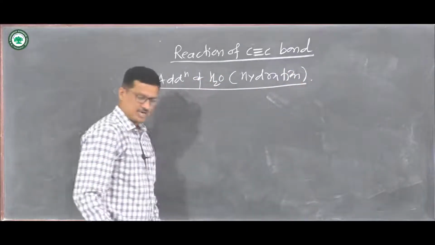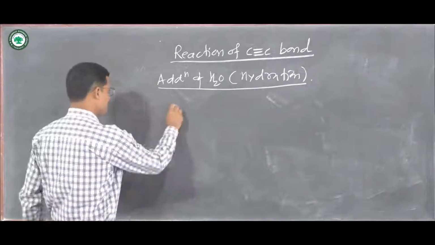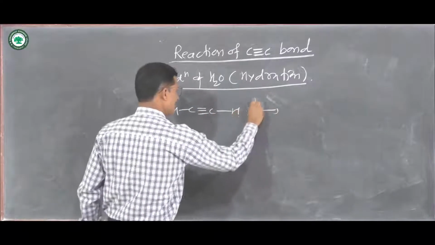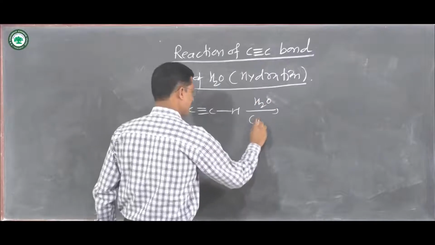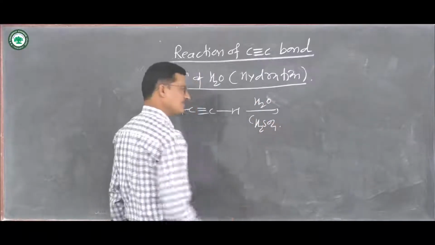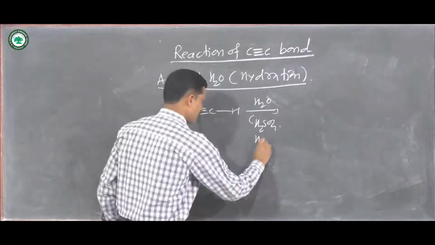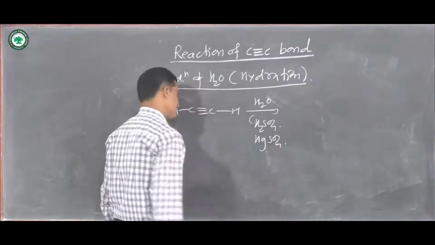When you take a carbon-carbon triple bond, any example, you take this one, then a water molecule is added in presence of concentrated H2SO4 and HgSO4.